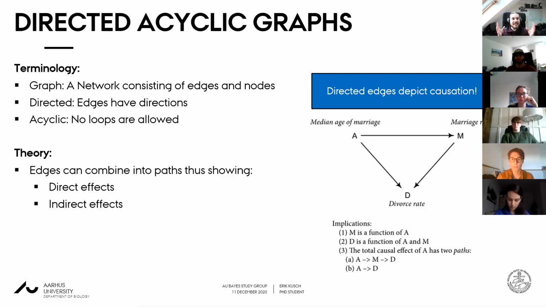So in a DAG, and this is mostly always a hypothetical, which you can use to draw up hypotheses, directed edges depict causation. Now, you can elucidate a DAG from some model data or from some real-world data, using a model, but that doesn't necessarily mean that you've correctly identified these edges.